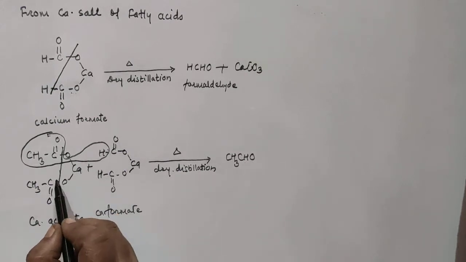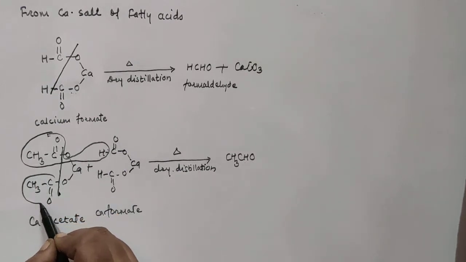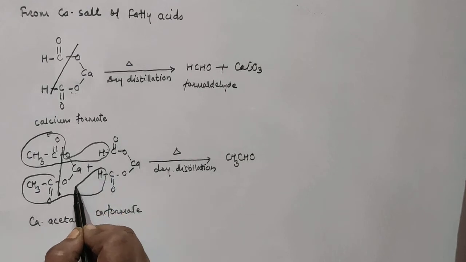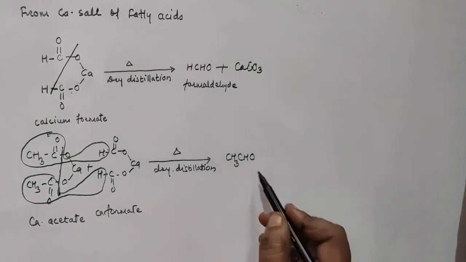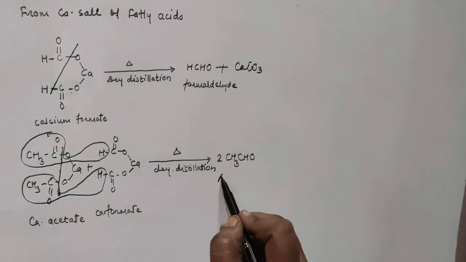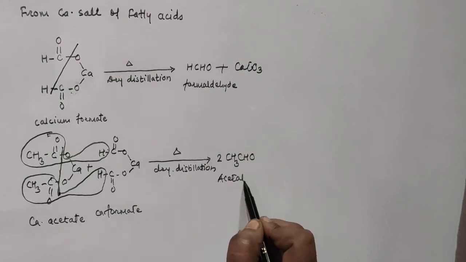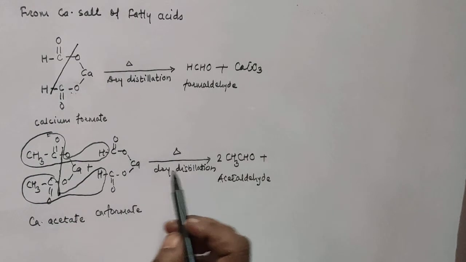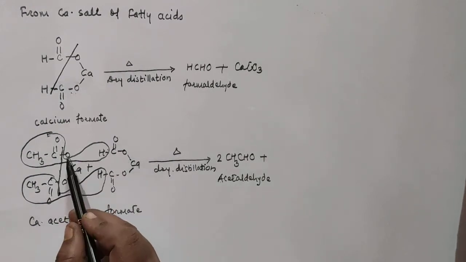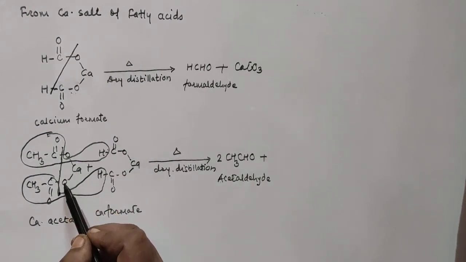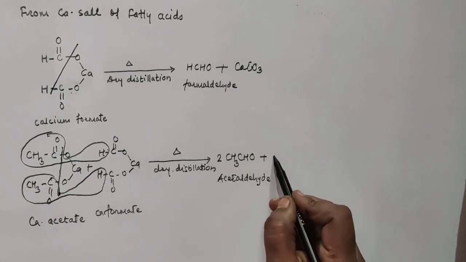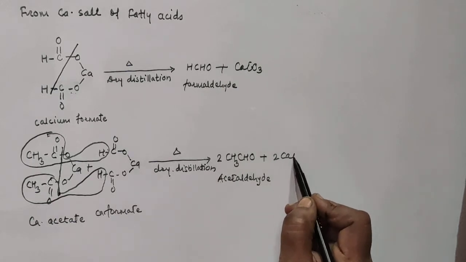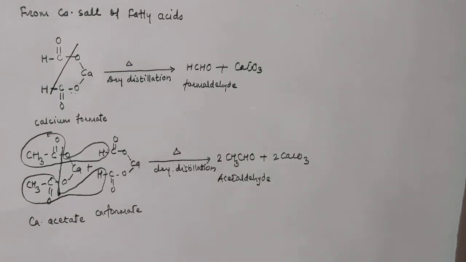Here also the same thing will happen, CH3 and CHO come together to form two molecules of acetaldehyde, and the remaining part, that is Ca, CO and one more oxygen, gives calcium carbonate. So we get acetaldehyde plus calcium carbonate. But in this case, what happens?